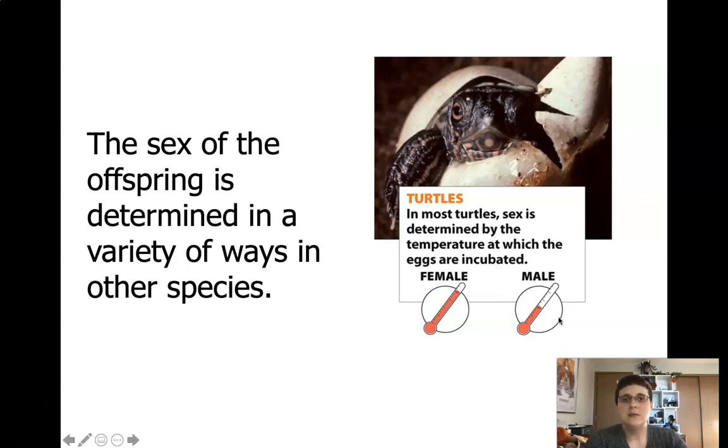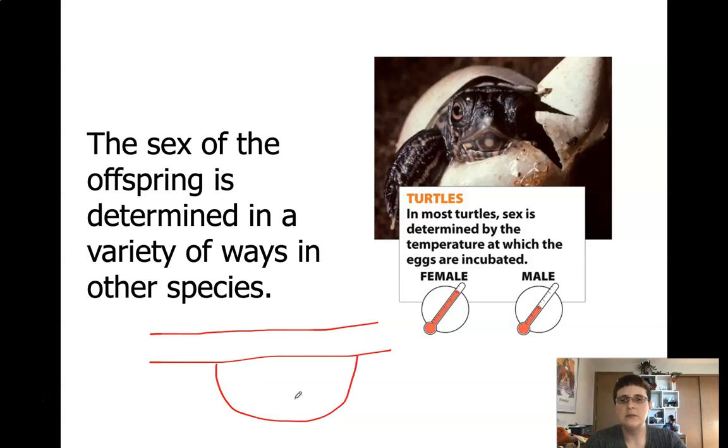If the eggs are incubated at a lower temperature, the eggs will hatch and be males. And normally, most turtle nests are going to be buried under the sand, and you're going to have a pile of eggs, right?